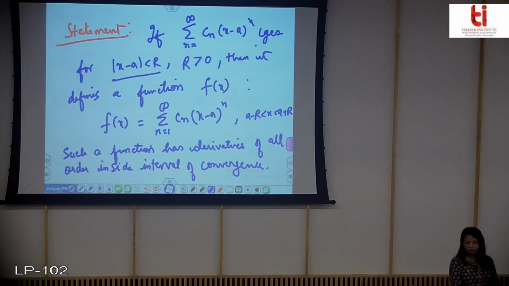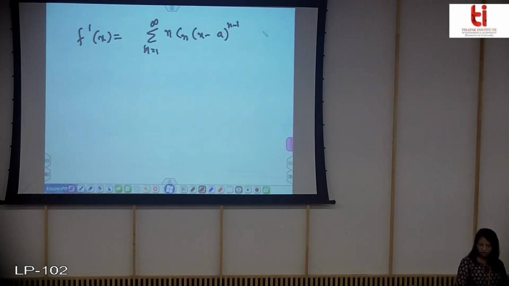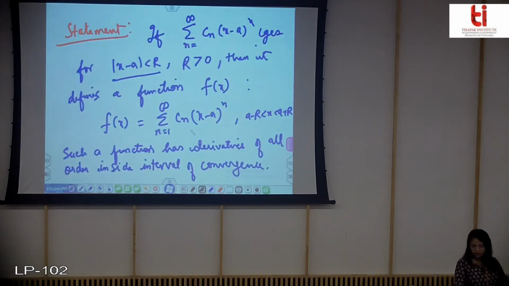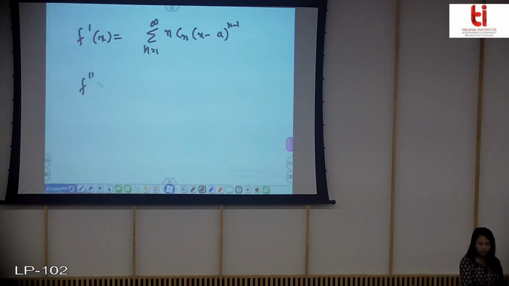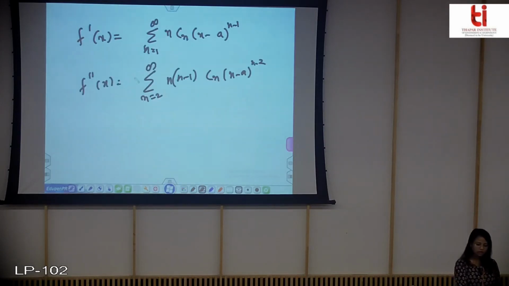So what can we do? We can find f dash x. You differentiated this and you will get this, and then if you differentiate again you will get this, and so on. You can differentiate up to any order.